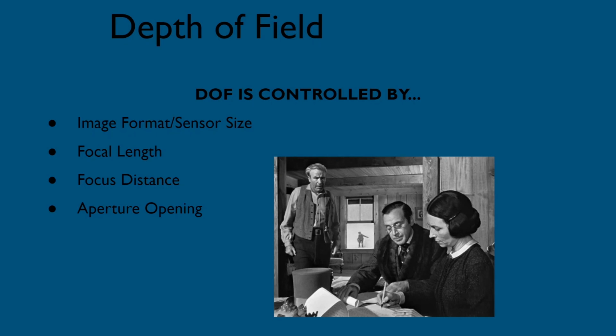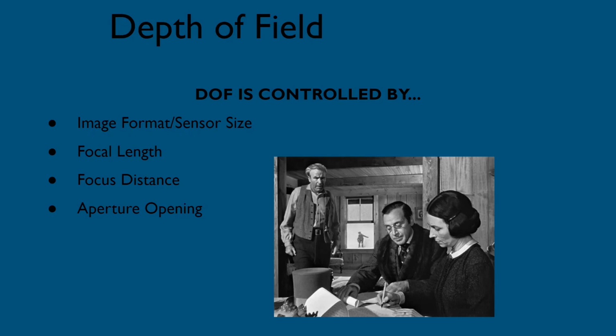The other thing that can impact it is the focal length that we talked about at the beginning. So the closer you are to that telephoto side, like 80, 85 millimeters and up, you're going to start to see more shallow depth of field. The other thing is that focus distance that we just talked about, where the object is placed closer or further from the camera.